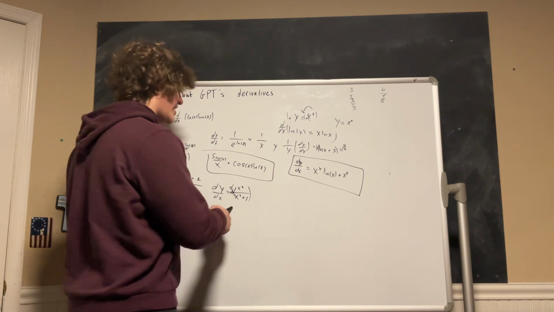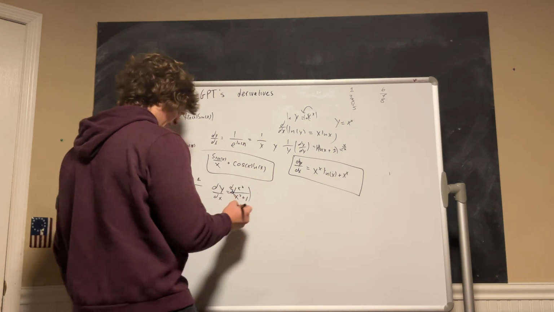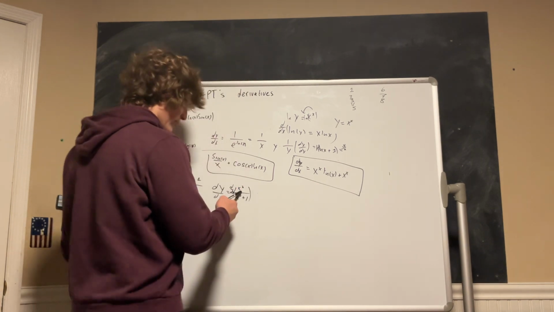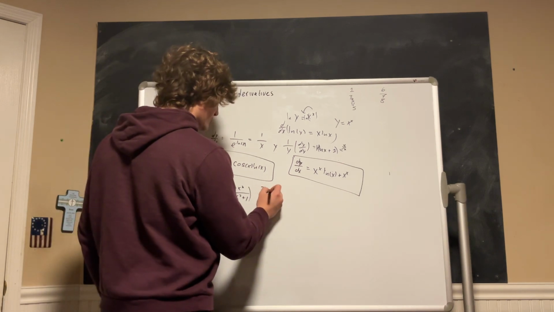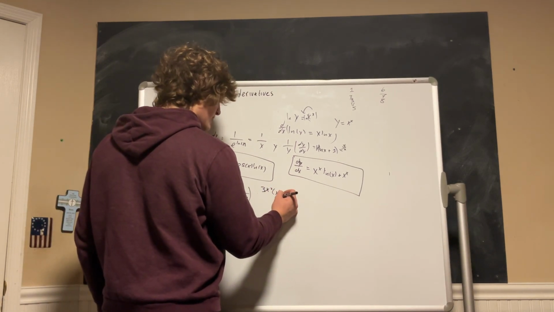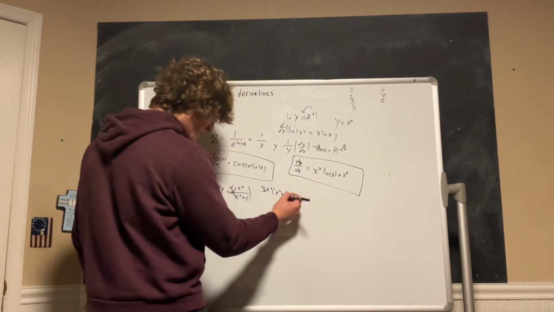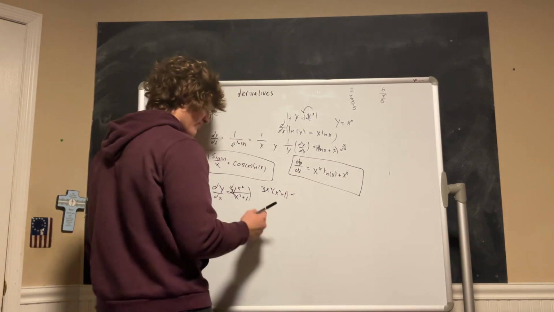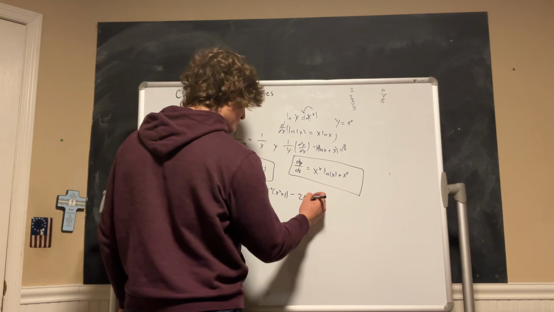So we need a quotient rule right here. So we have our f of x, so the derivative of that, so 3x squared times our bottom, which is just x squared plus 1, minus the derivative of our bottom, which is just 2x times x cubed.